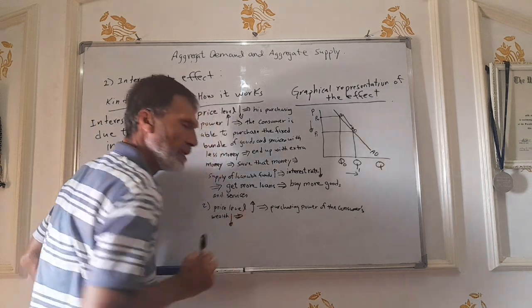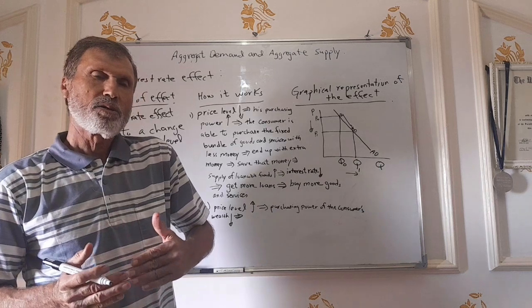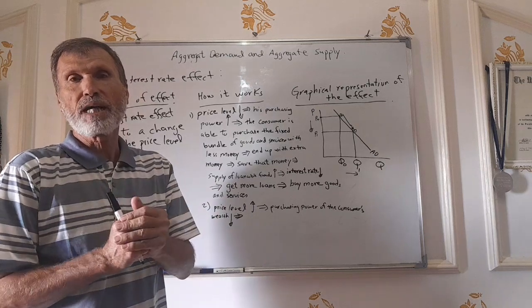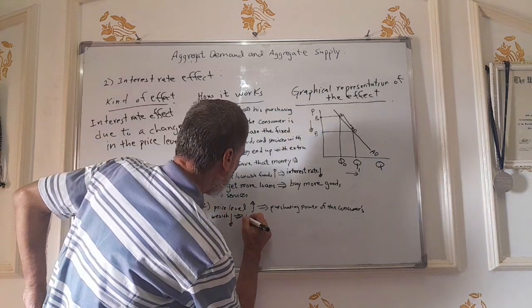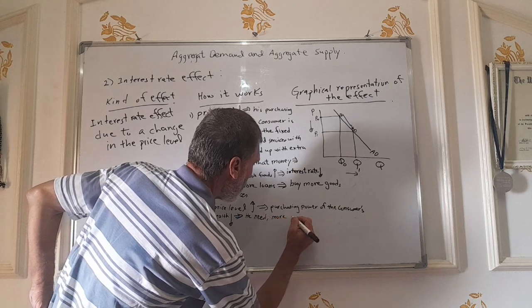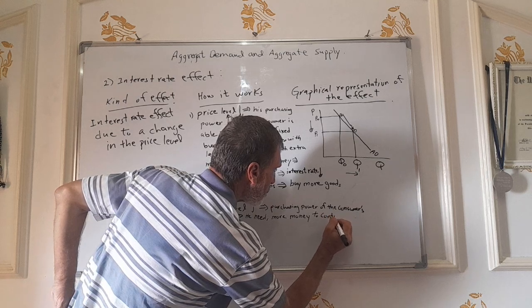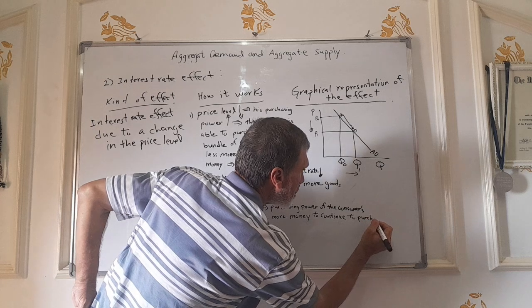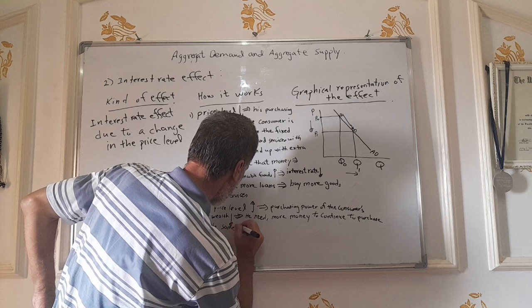Now when it goes down, of course, if the consumer would like to purchase the same bundle of goods and services, he cannot purchase that bundle with the same amount of money. It means he needs more money to continue to purchase the same basket.